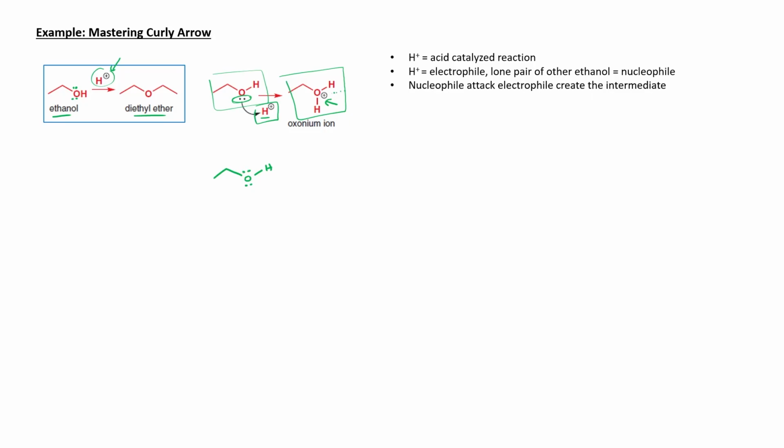If you count the total number of electrons bonded to the oxygen, there are 1, 2, 3, 4, and each bond means 2 electrons, 5, 6, 7, 8. So oxygen is happy, it has an octet, there is no charge.